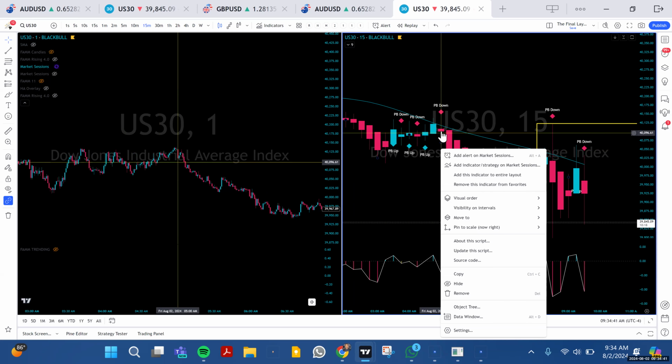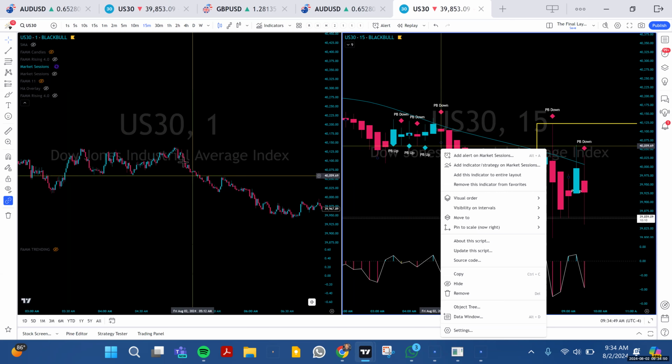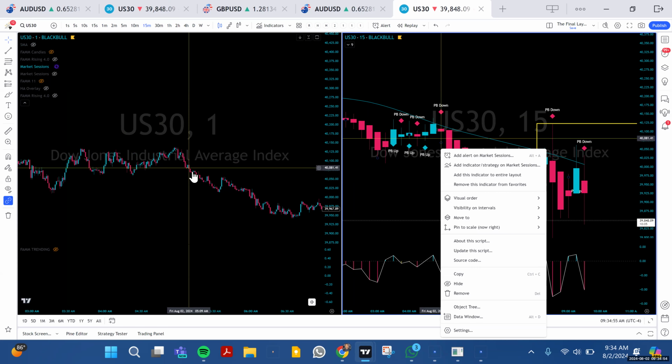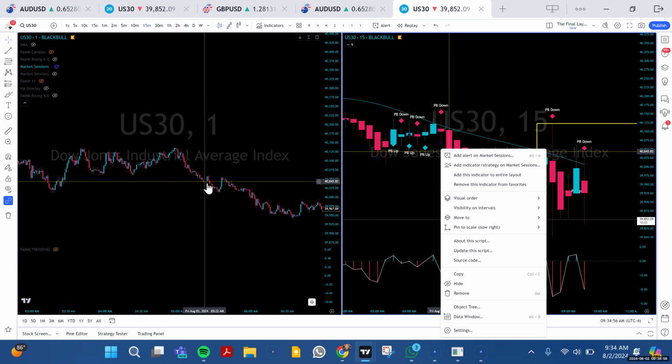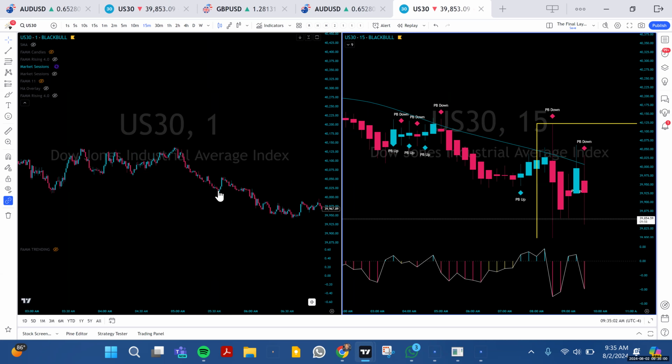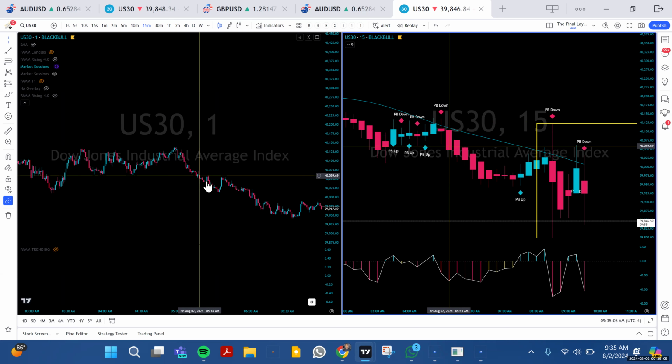So here is where the entry came off, somewhere in there. So each one of these red candles, an entry would have popped in.